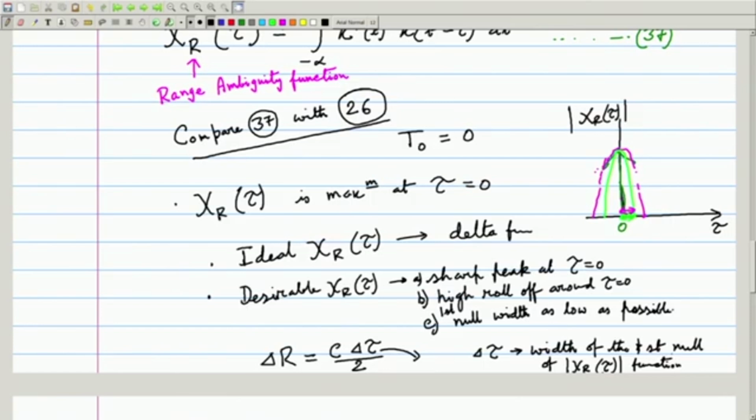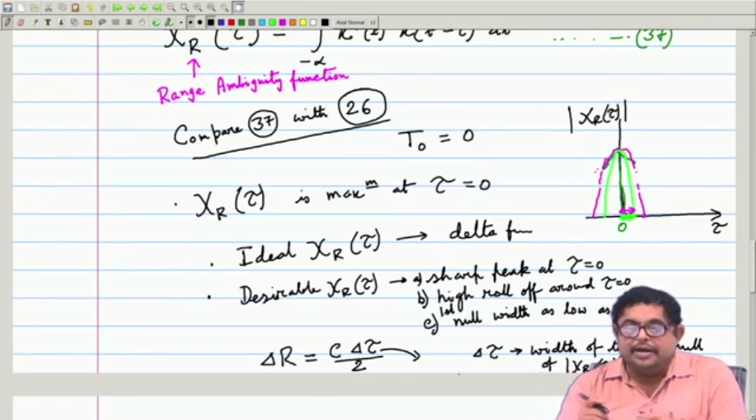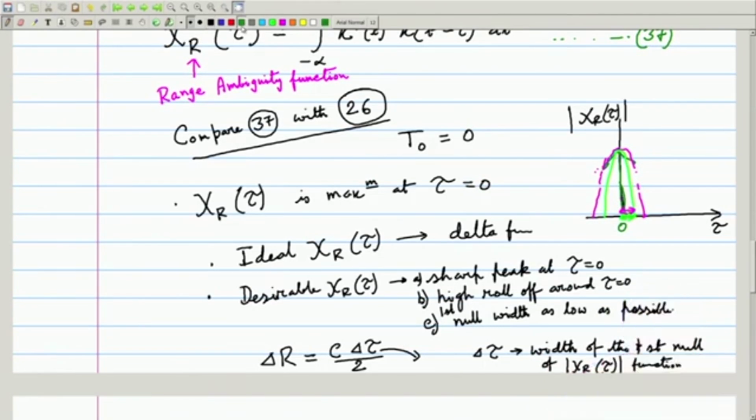This is important to understand. If we can easily find out this correlation function for a given shape of the signal, then I can find out that first null and immediately get the range resolution. I should give this equation a number; I think it is equation 37.